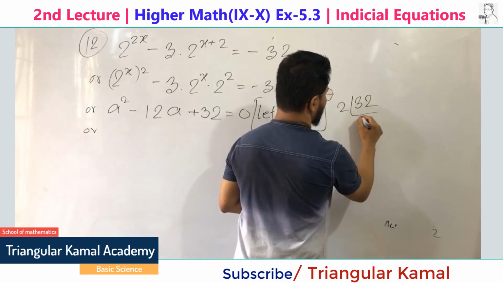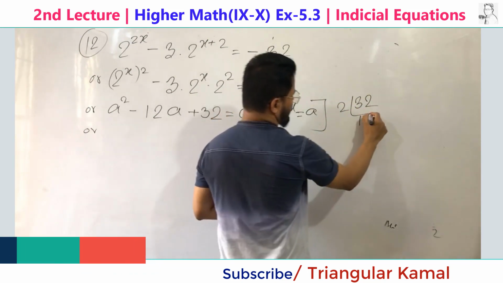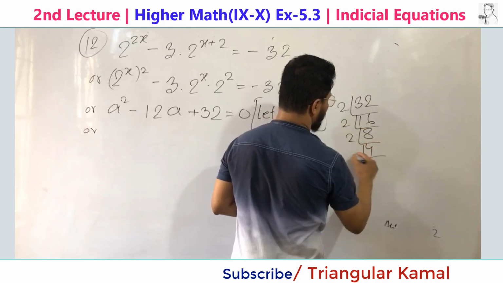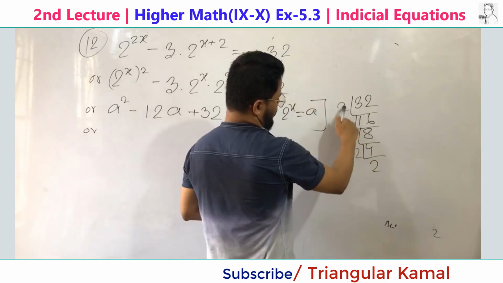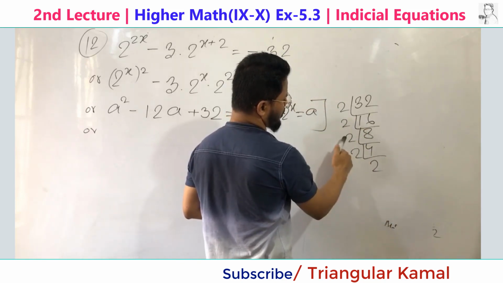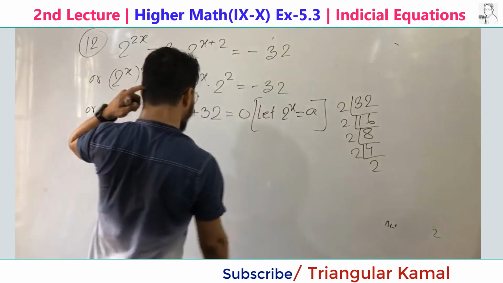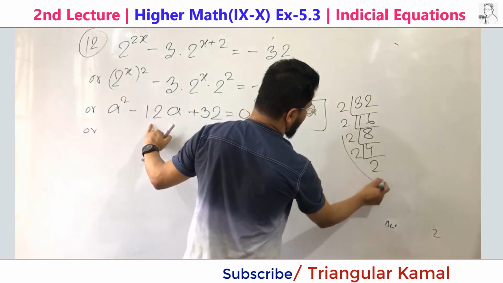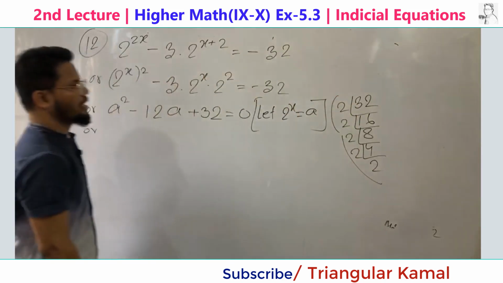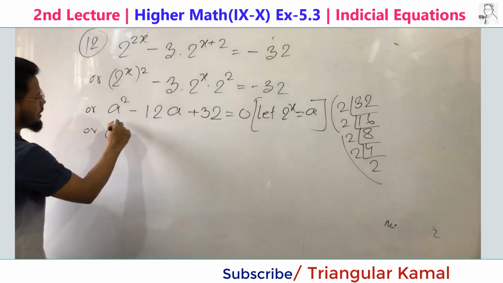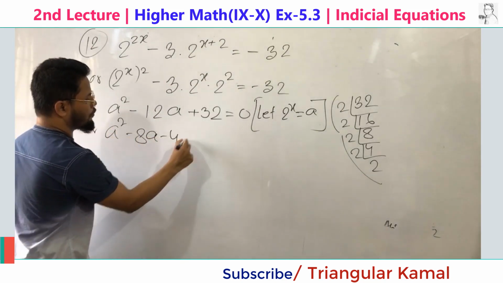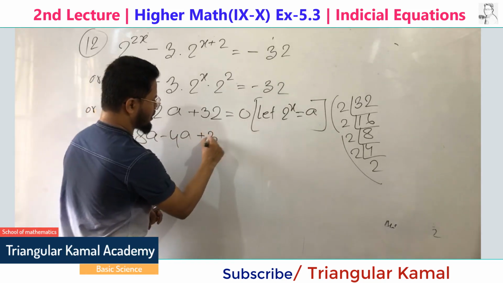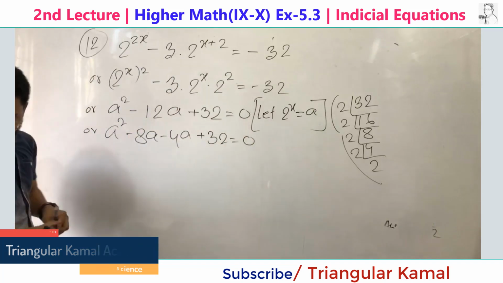2 times 16, 2 times 8, 2 times 4, then 2 times 2. Converted this one as 12. What we see here, 8 plus 4. So a square minus 8a minus 4a plus 32 equals 0.